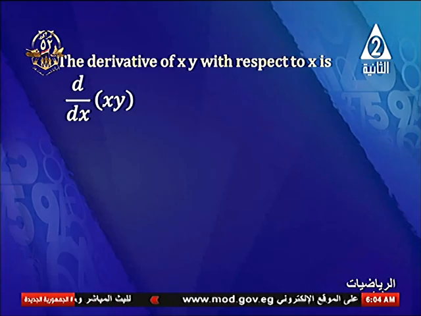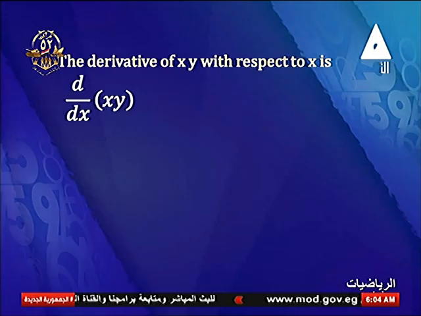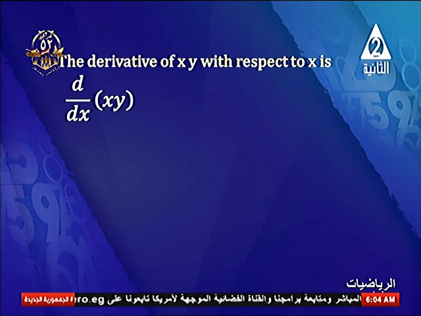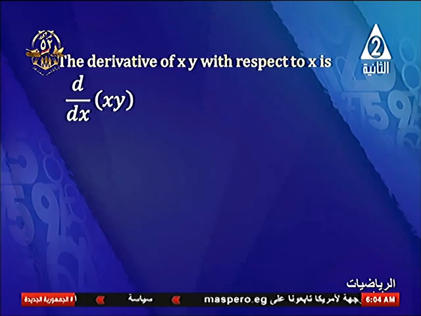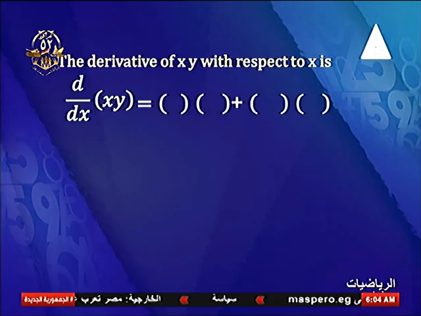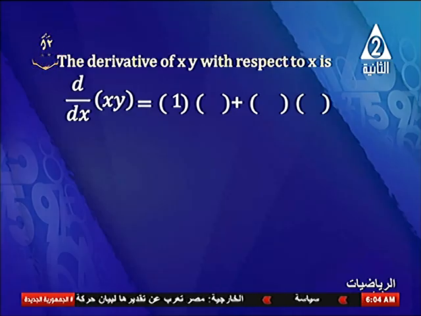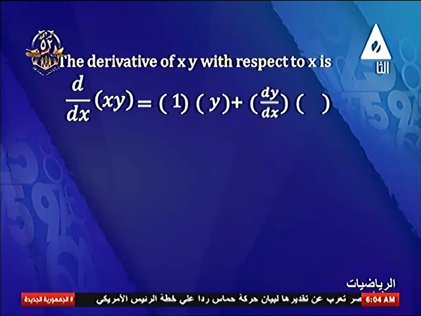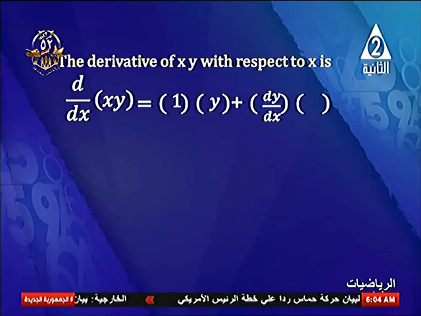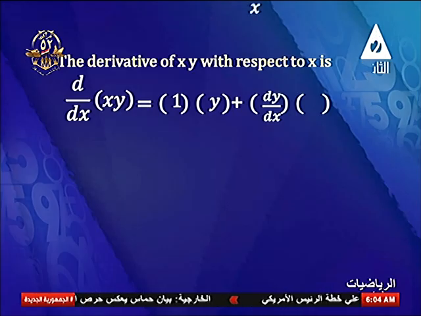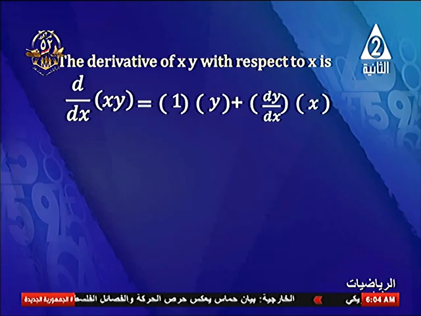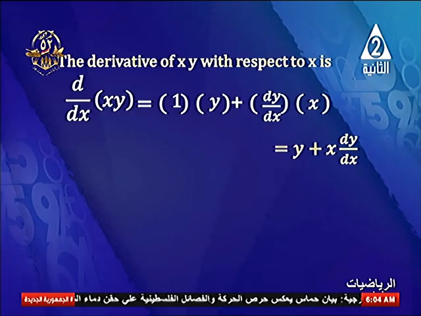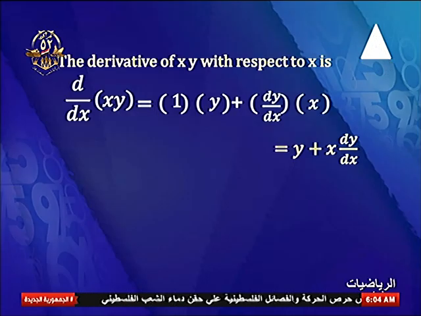Derivative of x is 1 multiply y plus derivative of y, dy over dx, multiply x. Then y plus x dy over dx.